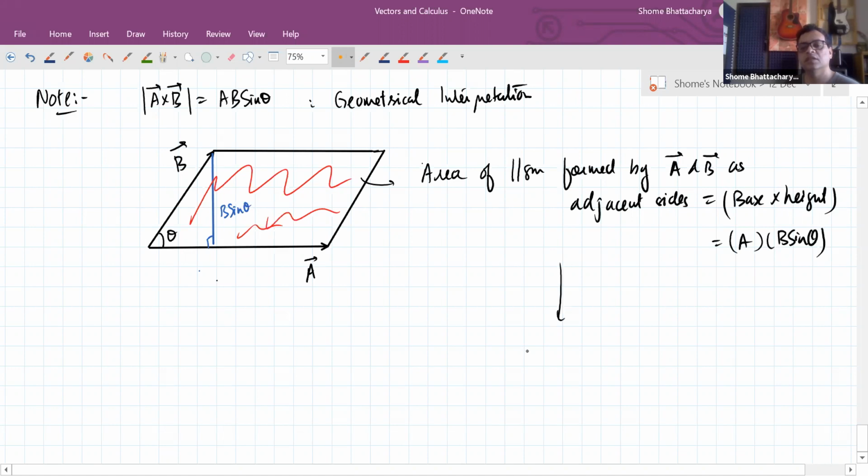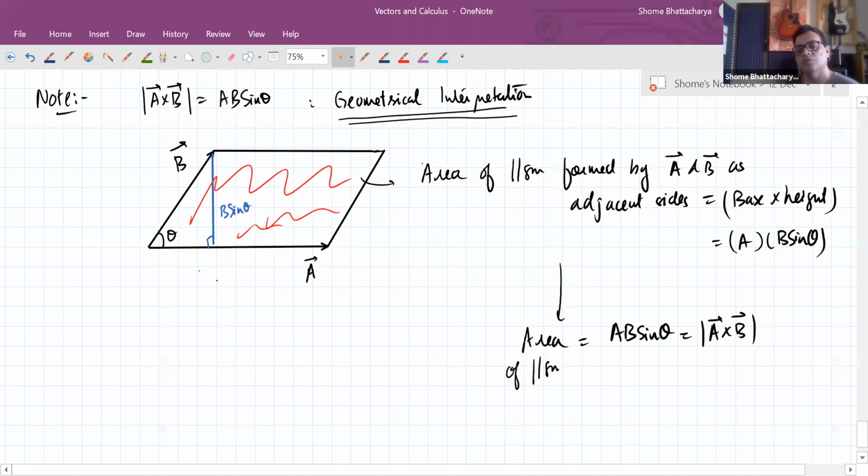So this area equals AB sine theta, which equals the magnitude of A cross B. So this is a special geometrical interpretation of the cross product: the magnitude of the cross product equals the area of the parallelogram formed by vectors A and B.